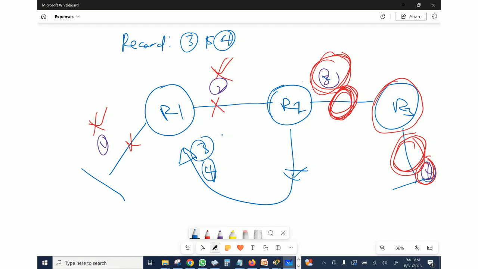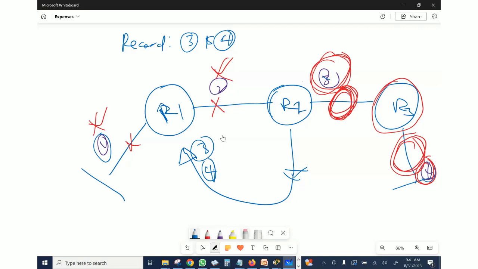So now, if R1 has a packet that is going to network 4, for instance, it will just give it to R2. Sorry, R2: you told me that you know about network 4. My people in network 1 want to go to network 4, so help me send this to the destination that you said you know about.